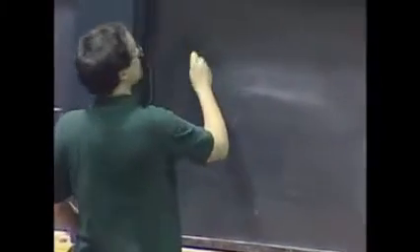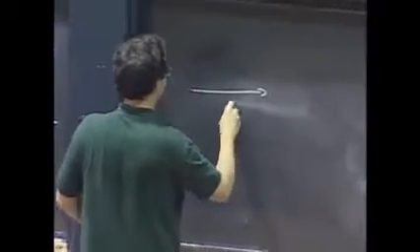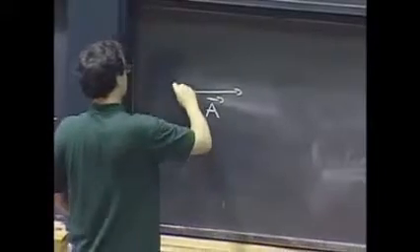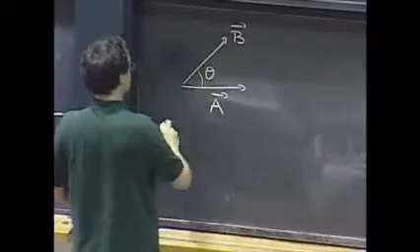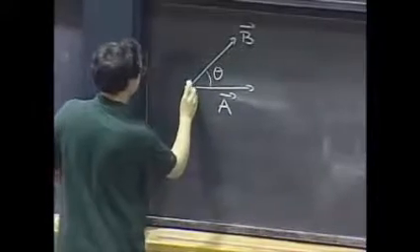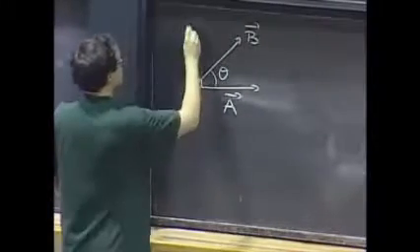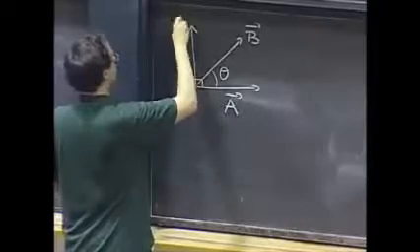Well, you've probably heard about complementary angles and how, if I take my vector A, I have my vector B here, I have an angle theta. Well, let's say that I rotate my vector A by 90 degrees to get a new vector A prime.